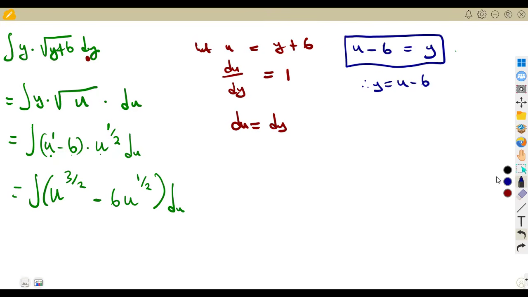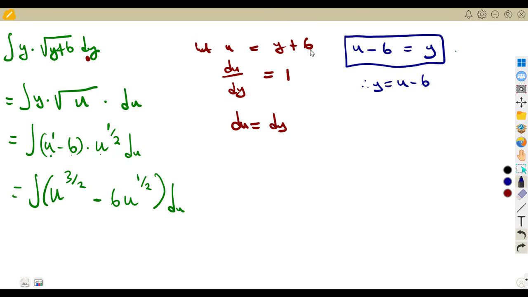It's either you are going to integrate with respect to u. Later on, after you are done with your integration, you substitute wherever there is a u, you substitute what? y plus 6. Or instead of doing that, because already you see that it is going to be a complicated thing that you have to substitute.